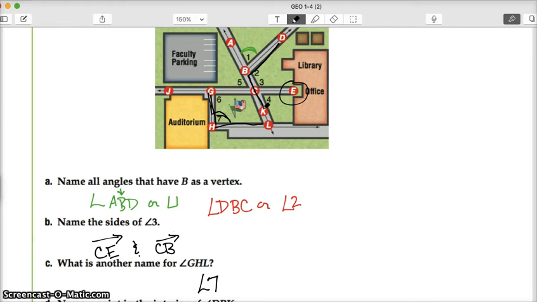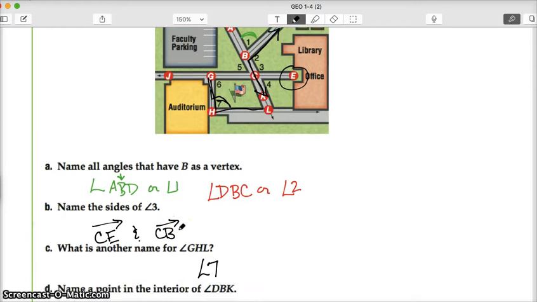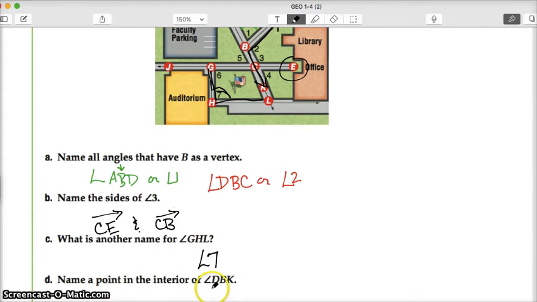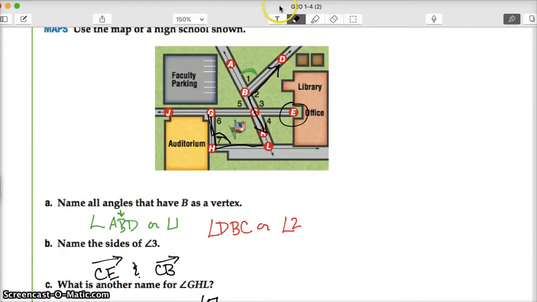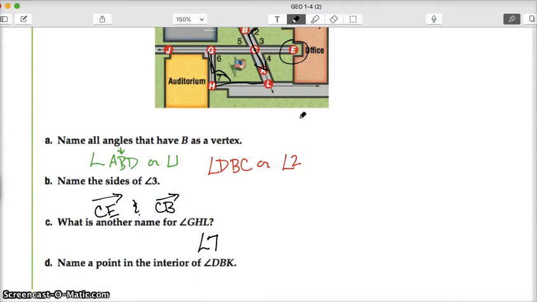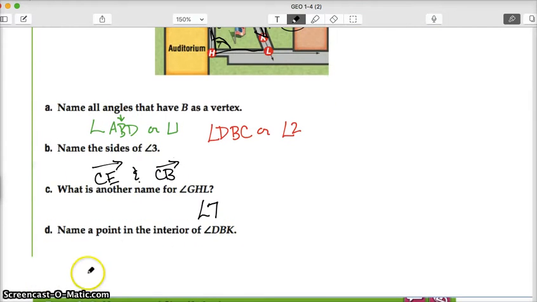DBK is referring to this angle, right? And name a point in the interior. A point in the interior would be E. There's a point that is inside of the angle. So the answer to that would be point E. There we go, point E. Let's look at the next example.